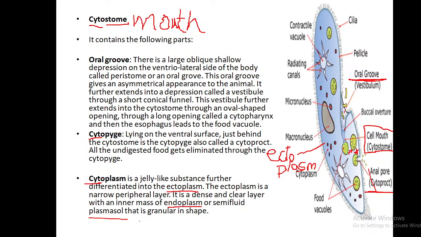It will fuse with the food vacuole and the digested food is absorbed into the body of the organism, and the waste particles are eliminated out through the cytopyge. The cytoplasm can be divided into two, that is, the outer ectoplasm and the inner endoplasm.